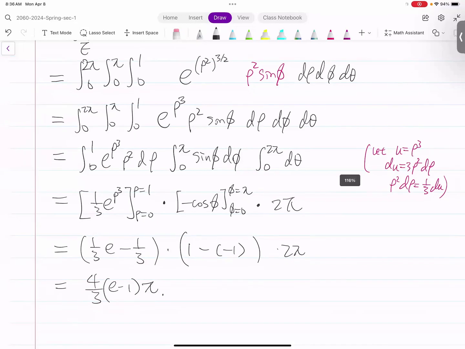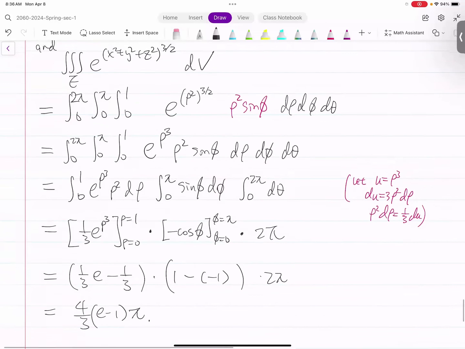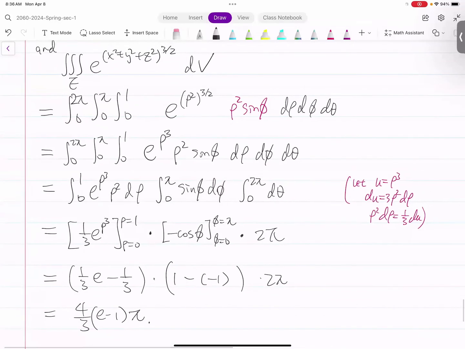So now as a comparison, you can see that using spherical coordinates for this kind of question is super handy, compared to cylindrical and just the iterated integral, which is complicated. Because here we see a radical of x squared plus y squared plus z squared.